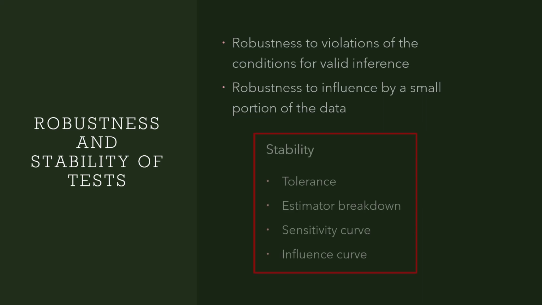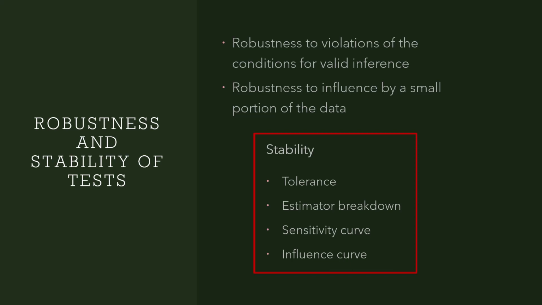And there are multiple characteristics of stability that you could read about in the statistics literature, including tolerance, estimator breakdown, sensitivity curve, influence curve. All of these are different ways to get at the same issue, and that is robustness of the method to influence by a small portion of the data.